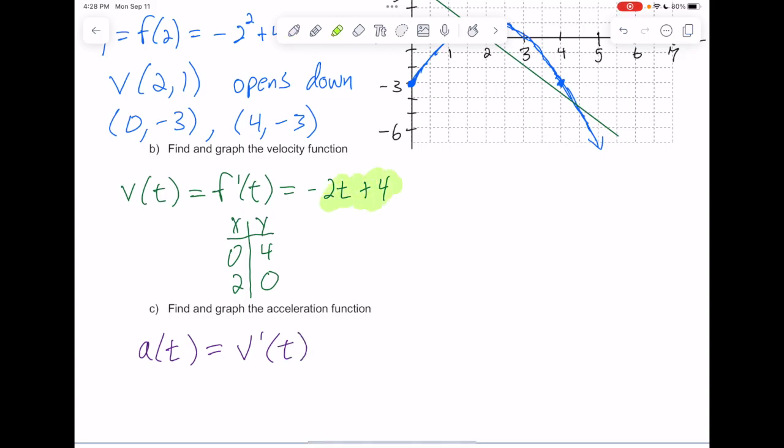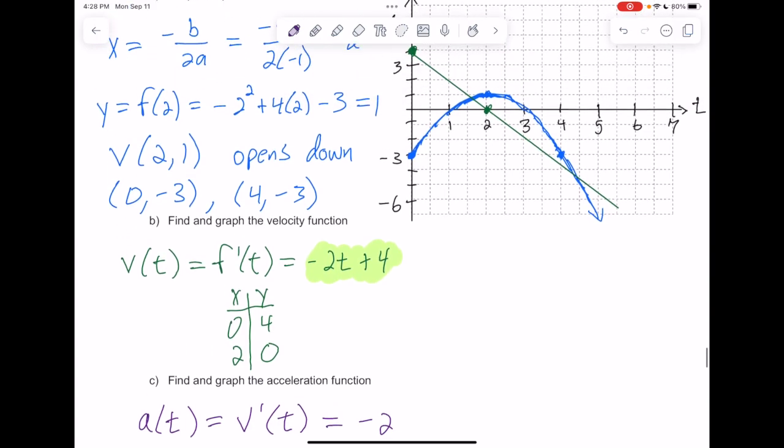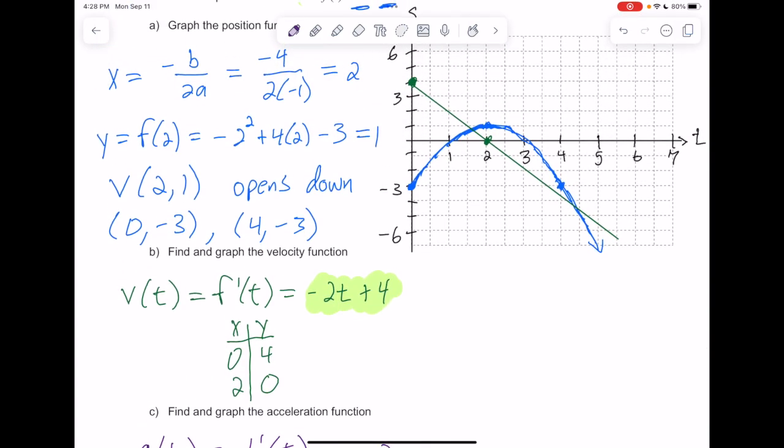If we take this velocity function and take its derivative, that's going to be acceleration. And the derivative of negative 2t is negative 2. The derivative of the 4, since it's a constant, is just 0. So there's our acceleration function. So our acceleration function is just a horizontal line with a height of negative 2. So we can draw that one in right there.